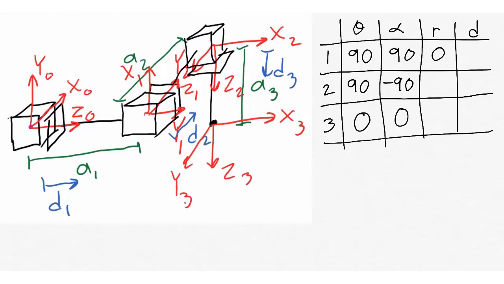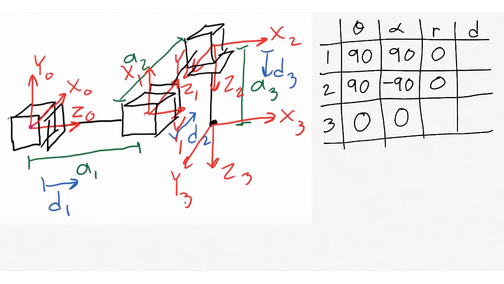Let's look at R for the second row. We want to find what is the distance between the center of frame 1 and the center of frame 2 in the xn, or in this case, the x2 direction. Once again, these two frames are lined up perfectly in the x2 direction, so R is 0.